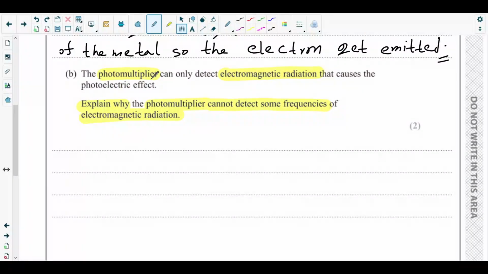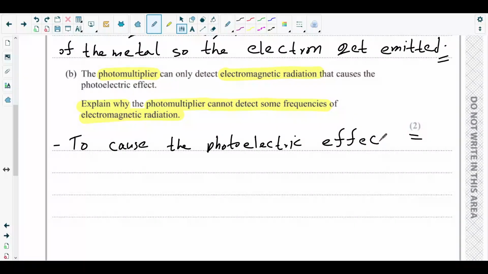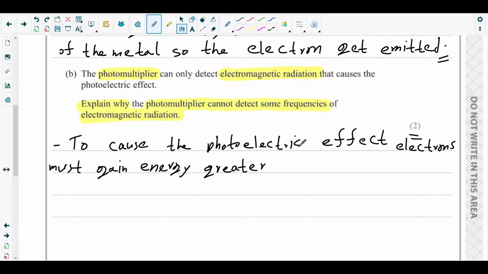Okay, so for 2 marks, first we will say that to cause the photoelectric effect, the electron must gain energy greater than the work function of the metal.